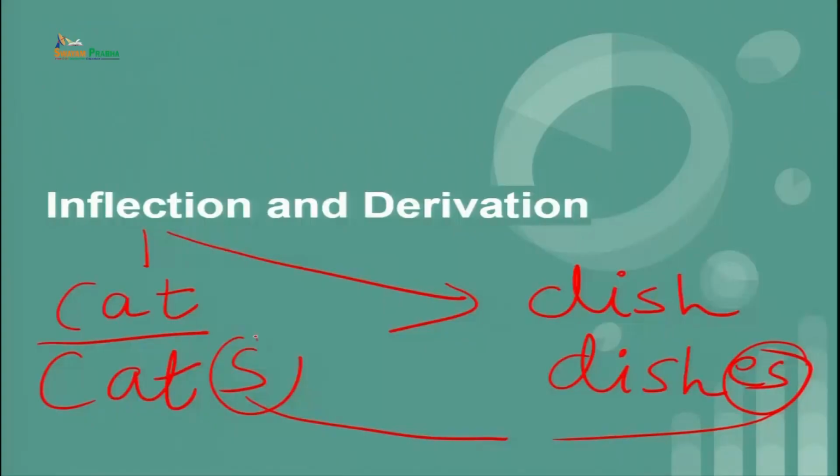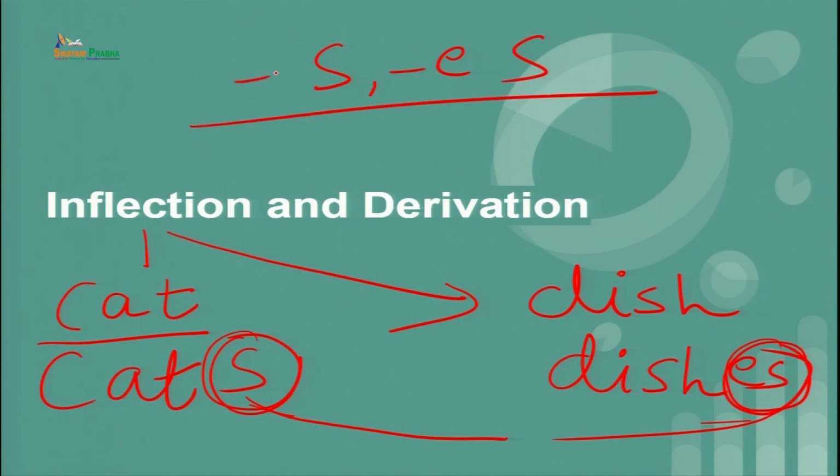Both "s" and "es" signify the plural markers. They are used to indicate that these things are not one in number, but more than one. So, "s" and "es" are plural markers and variants of the same morpheme. Therefore, you can say that they are allomorphs.